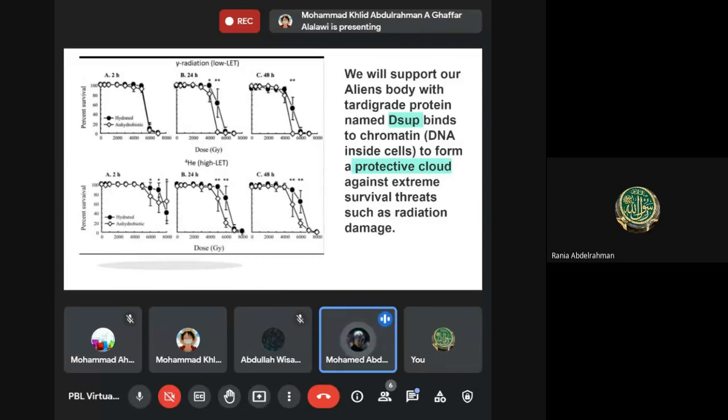To survive the high radiation on Mars, our alien is going to use a protein called D-sub that binds to the chromatin of an organism, which is the DNA inside the cell. This protein will form a protective cloud around the chromatin and prevent it from being shattered by the high energy of radiation.